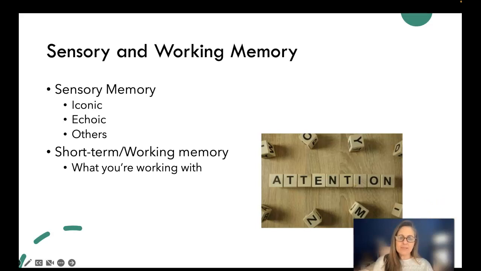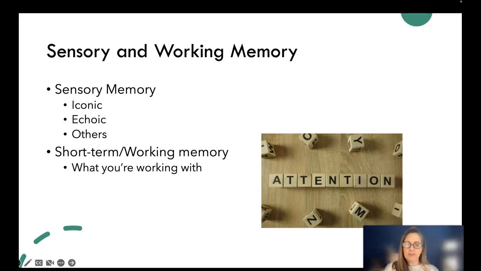Now again, sensory memory is the first step because information enters the memory system through our senses. We see it, we hear it, we taste it, we touch it, we smell it, and we have a sensory memory for each of those senses. And those sensory memories are also called sensory registers. A couple of those have been studied more than the others.